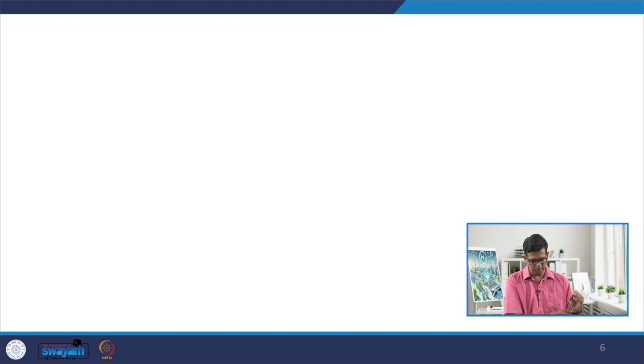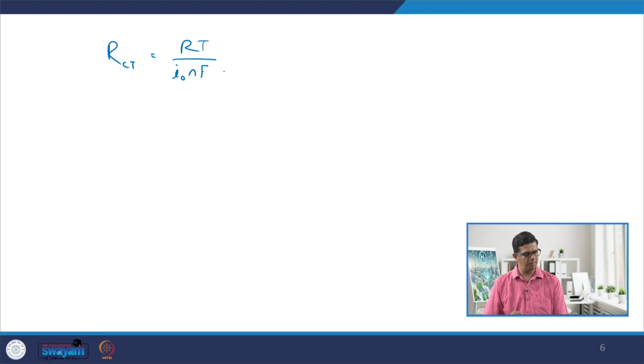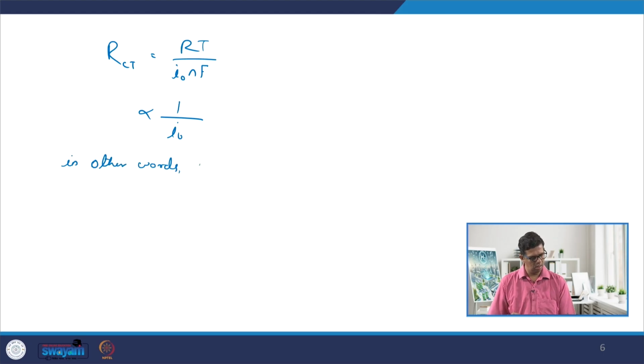So, let me write what the RCT is. RCT is basically RT by I naught nF, and if you look at this, RCT is inversely proportional to I naught. In other words, the higher the exchange current, the lower the RCT.